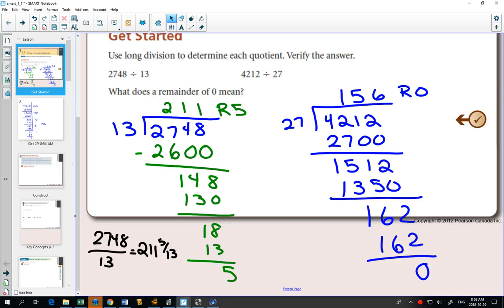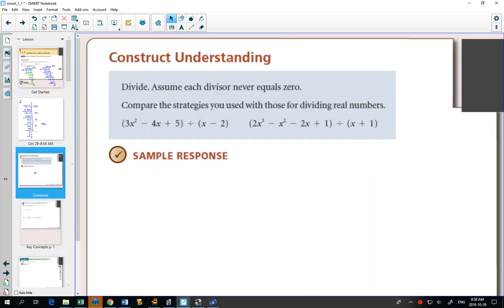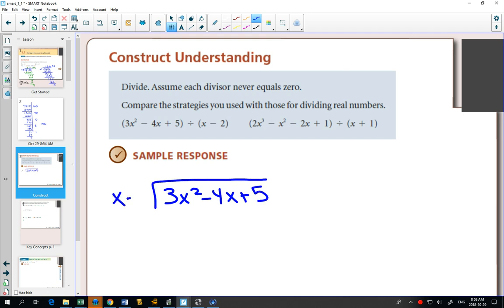So now we take this idea of long division and we apply it to algebra. So in our first one, 3x squared minus 4x plus 5, we want to divide that by x minus 2.